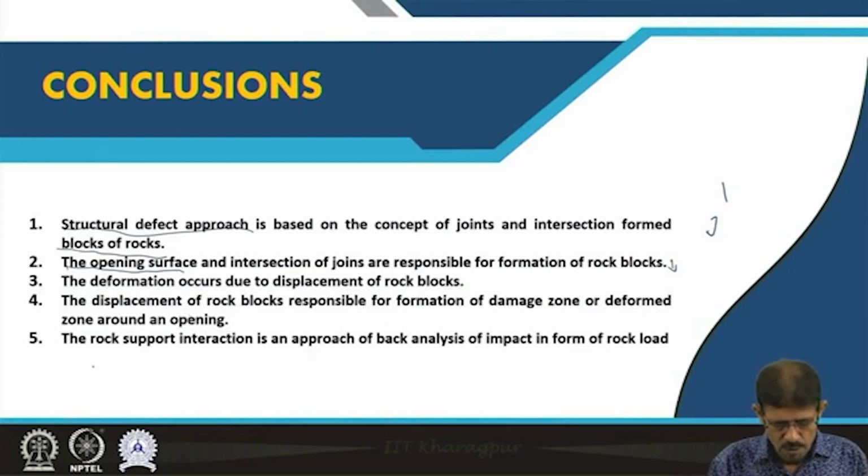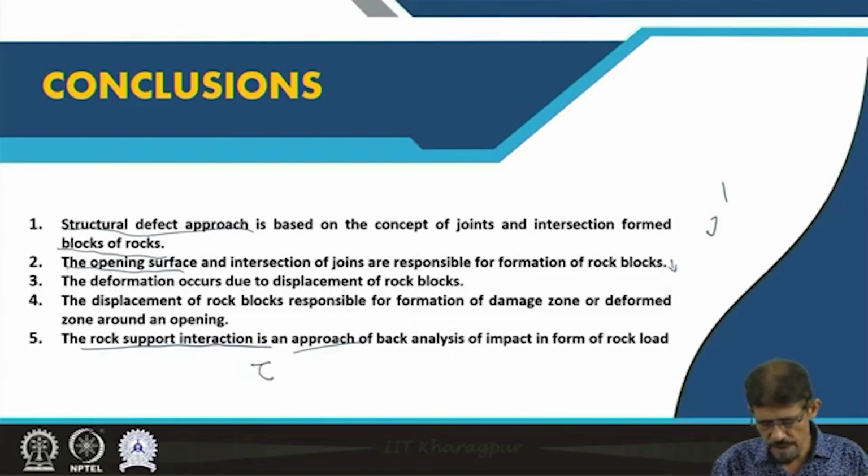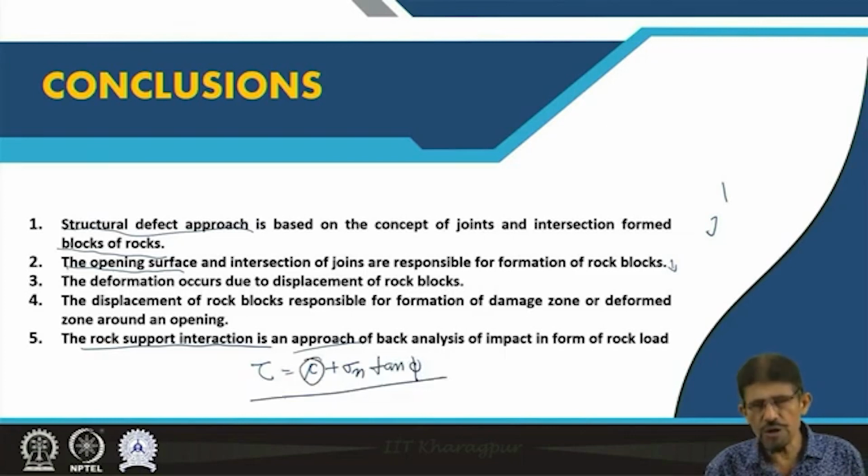The rock support interaction approach is basically based on back analysis and follows the Mohr-Coulomb criteria. The Mohr-Coulomb criteria deals with the shear strength of the rock, or the shear failure under confinement. For shear failure, we recognize tau equals C plus sigma tan phi, where C is the cohesion.